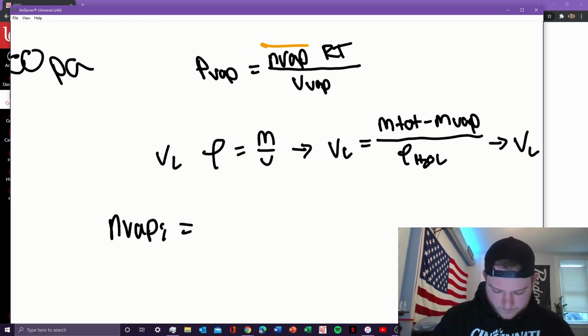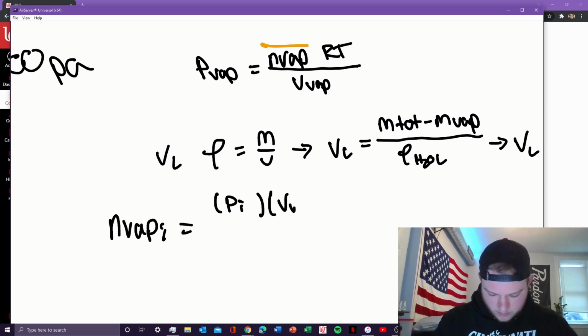So moles is equal to the pressure at temperature initial, so pressure initial, times the volume of vapor initially, all over R times temperature initially.